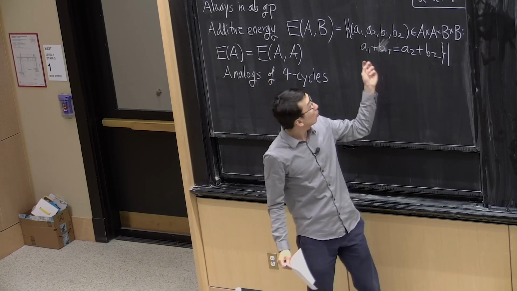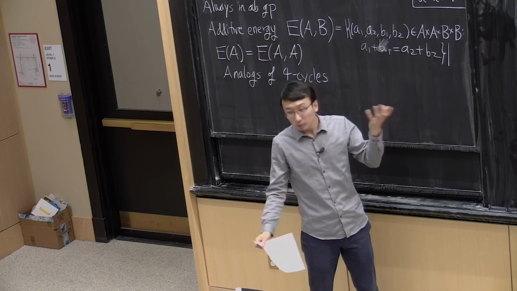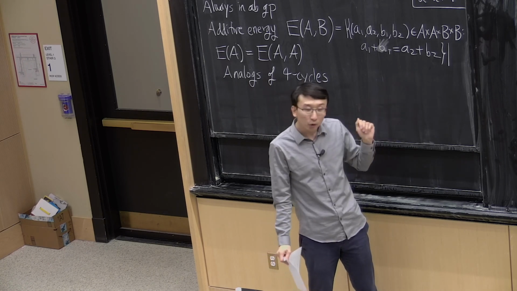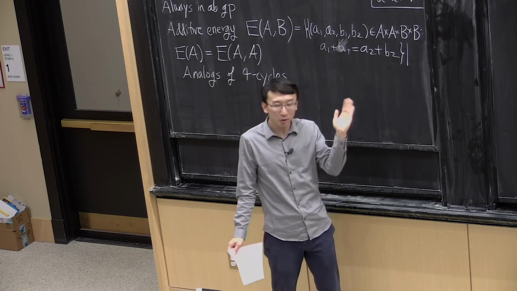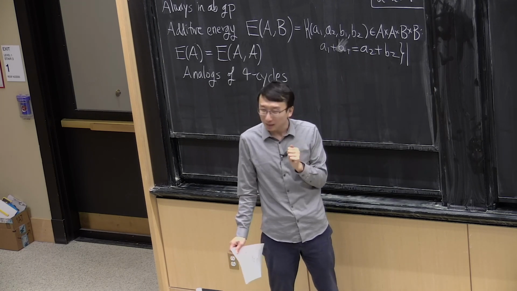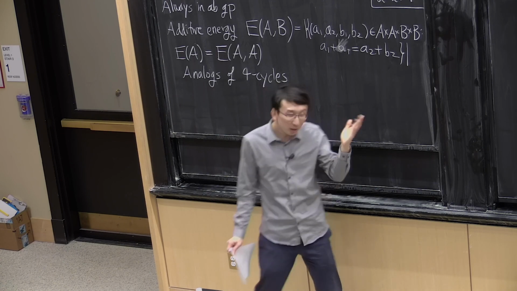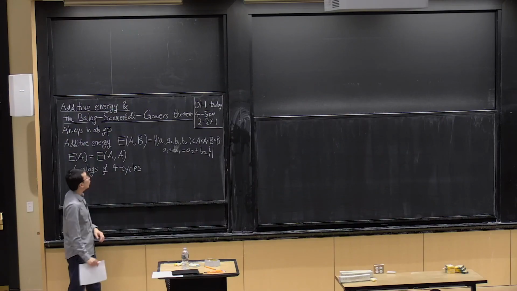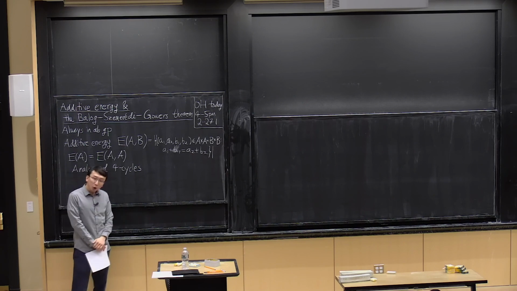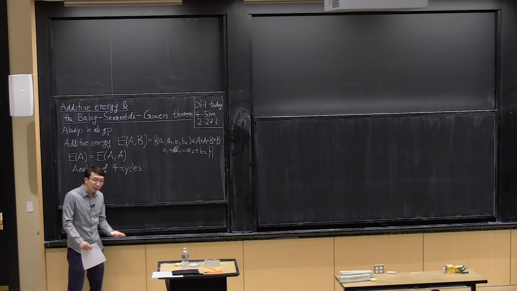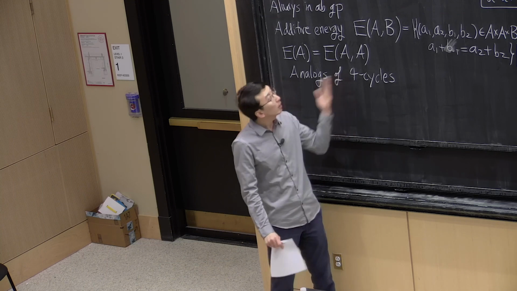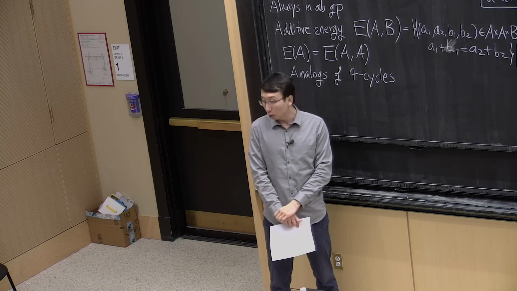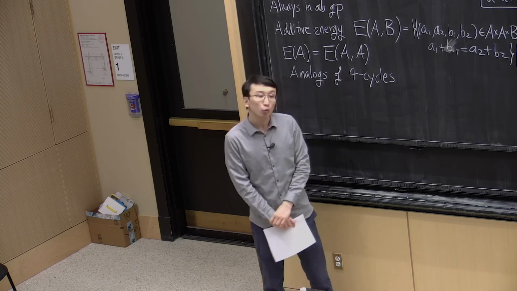Because if you think about this expression in a Cayley graph, let's say over F2, then this is the description of a four cycle. You go around four steps and you come back to where you started from. So these objects are the analogs of four cycles, and we already saw in our discussion of quasirandomness and elsewhere that four cycles play an important role in graph theory. And likewise, these additive energies are going to play an important role in describing sets with additive structure.